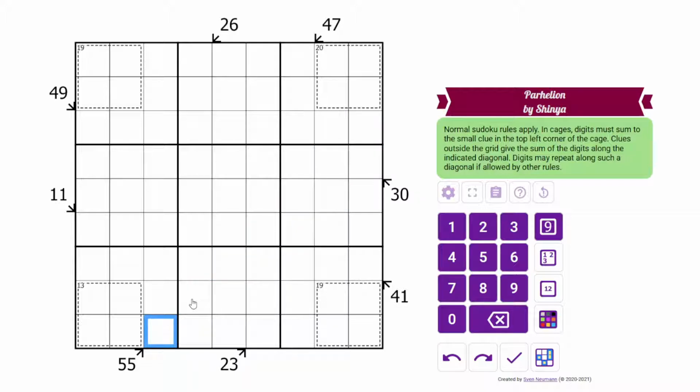Because if that's a 1... No, it can't, because then that would all have to be 9s. 9, 8 makes 15. 9 makes 24. 9, 8 makes 39. 9 plus 1 is 49. So there cannot be a 1 along this diagonal. Okay, that's a good start.